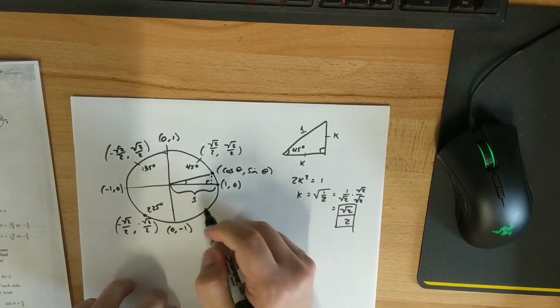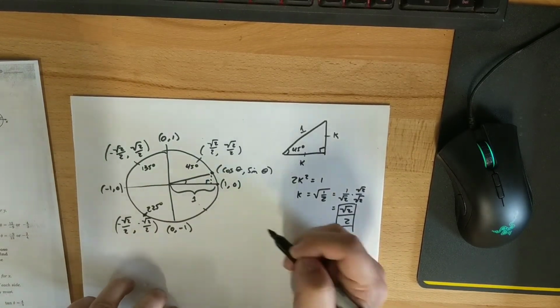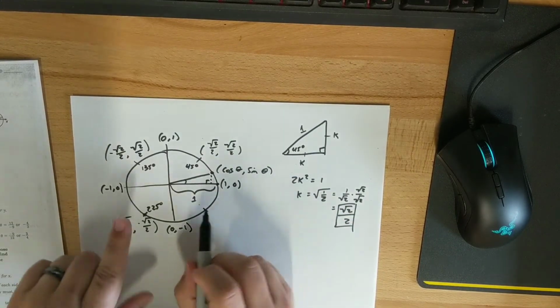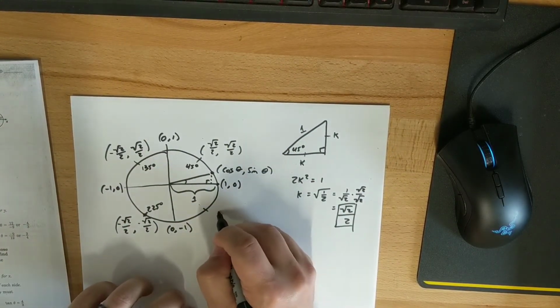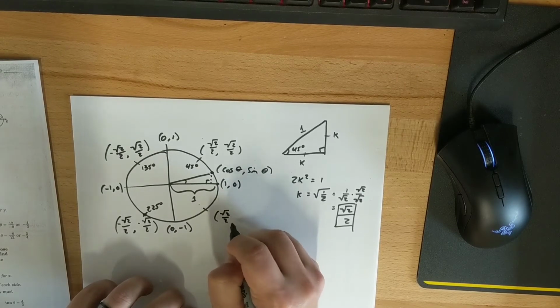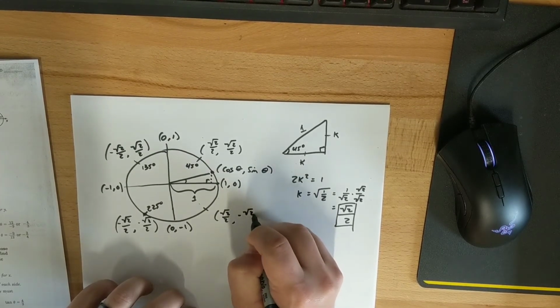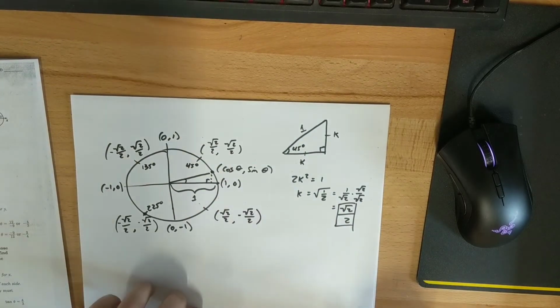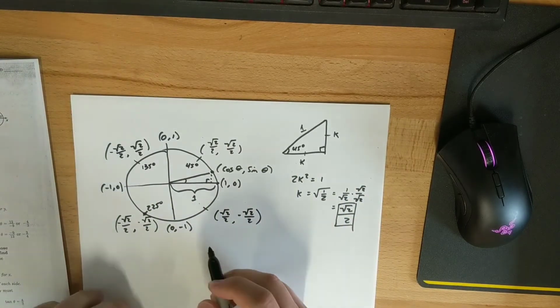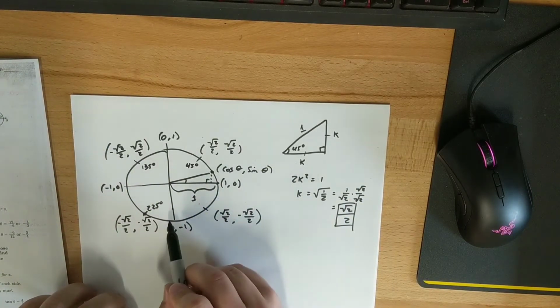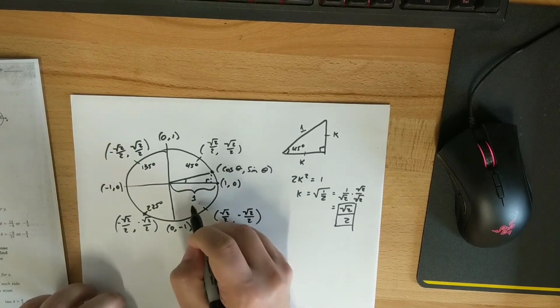And one last time, I can copy and paste that over here, and the x-coordinate is positive and the y-coordinate is negative. So the x-coordinate is root 2 over 2, and the y-coordinate is negative root 2 over 2. We're getting a little cluttered, I get that. But this allows me to answer some questions. What is that angle? 270 and another 45, 315.